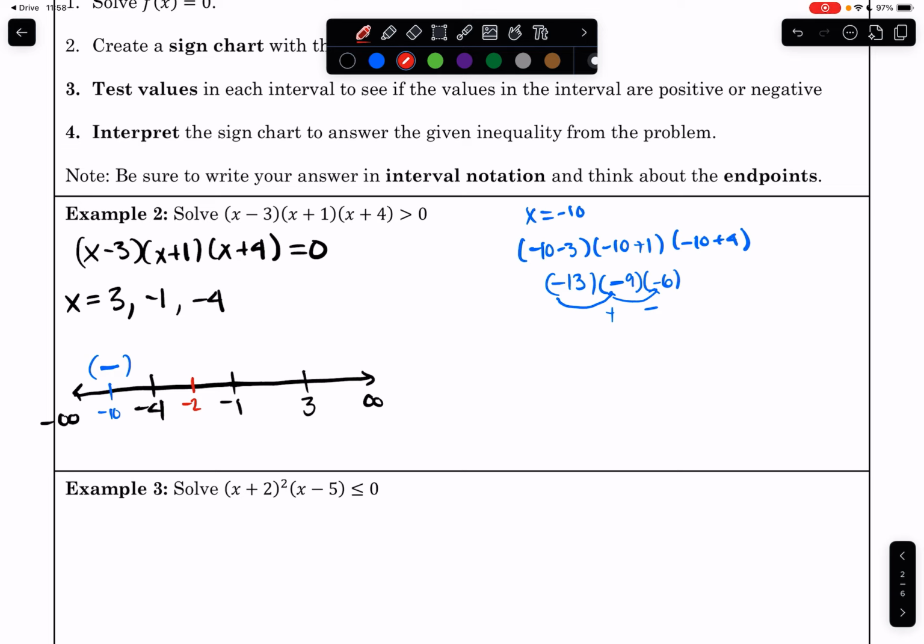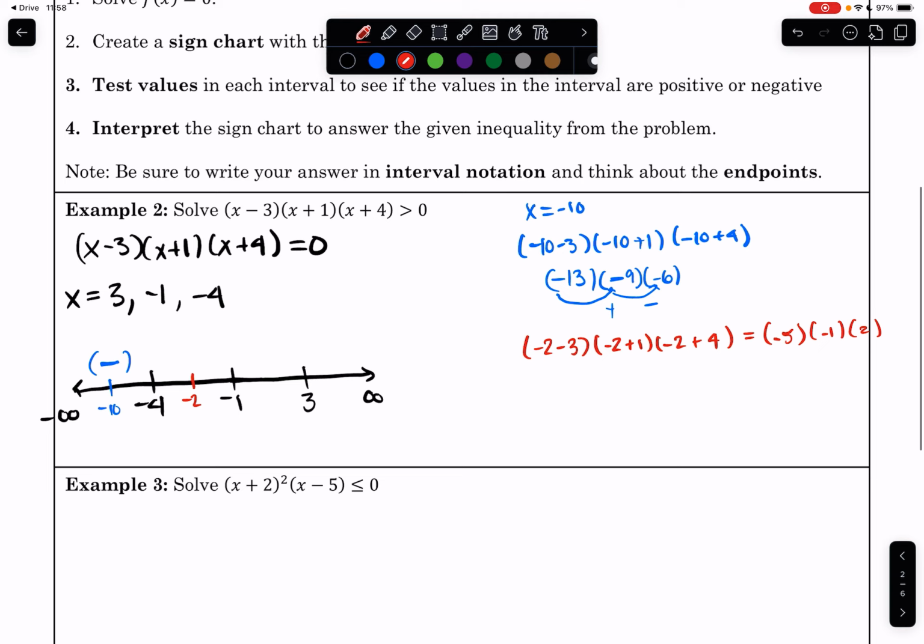I'm going to do the same thing. Negative 2 minus 3, negative 2 plus 1, and negative 2 plus 4. We end up with negative 5, negative 1, and positive 2.